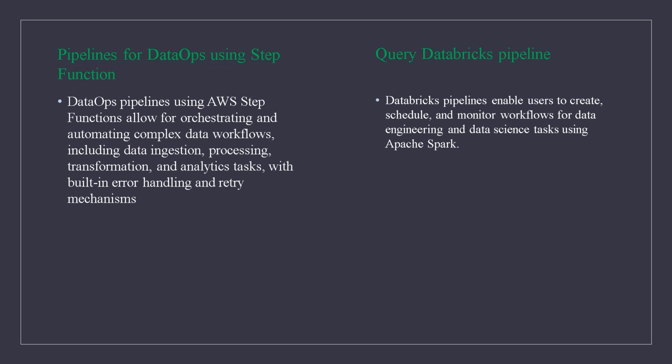This includes data ingestion, processing, transformation, and analytics tasks with built-in error handling and retry mechanisms. Then we talk of Databricks pipelines, and these Databricks pipelines enable users to create, schedule, and monitor workflows for data engineering and data science use cases using Apache Spark.